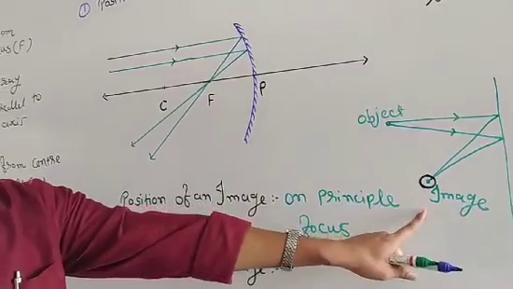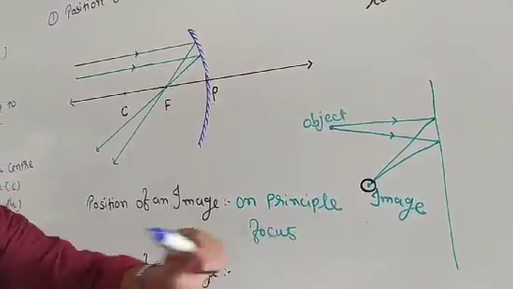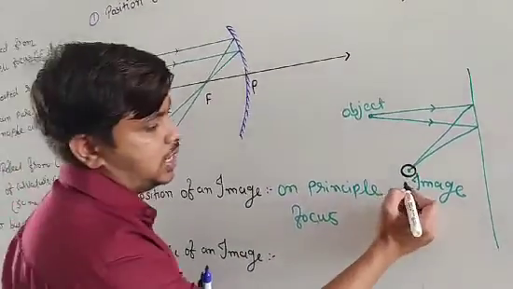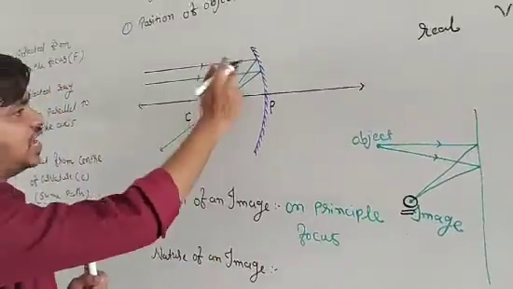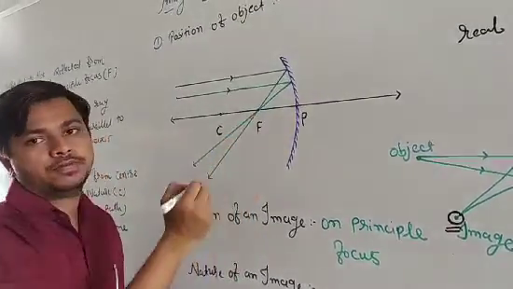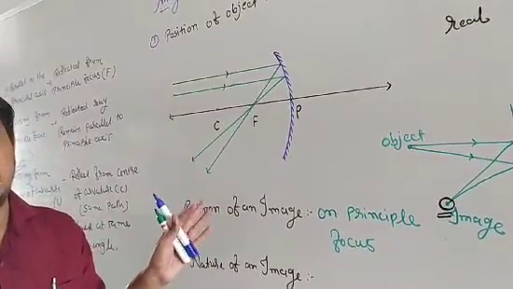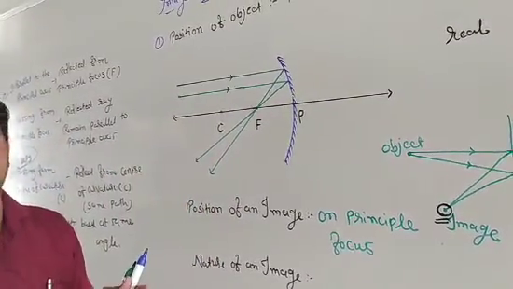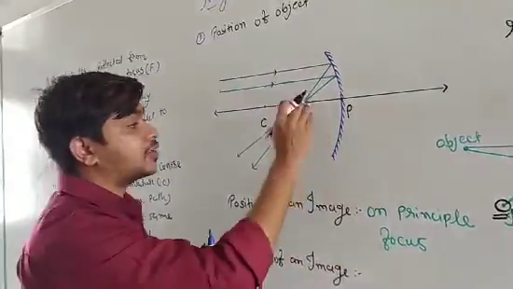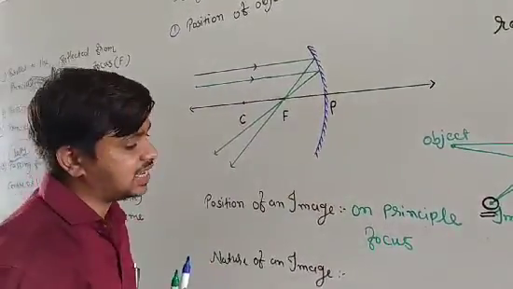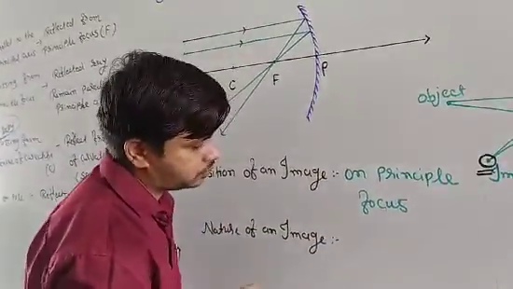Understand? Because after reflection they actually meet at a point. There is no virtual effect where we have to extend it backward or something like that. It actually meets and because of that we can say that it's a real image.